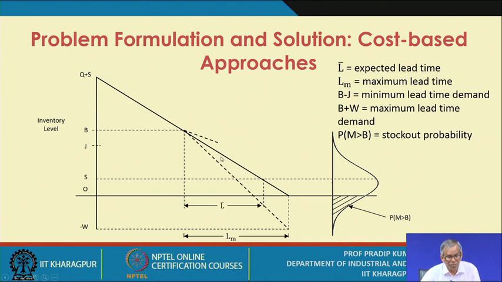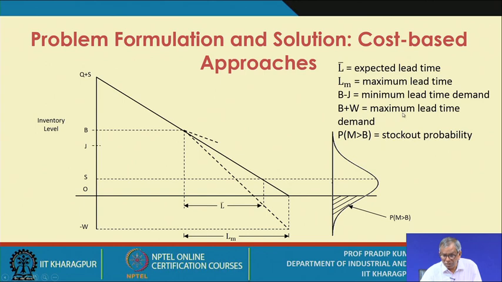The demand during lead time could be B minus J, the minimum lead time demand. The demand during lead time could be B plus W, and the W amount you cannot fulfill, but it is a back ordering case. That's why negative inventory is allowed.